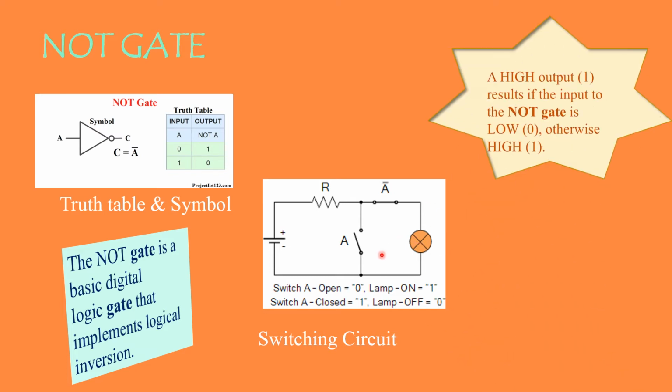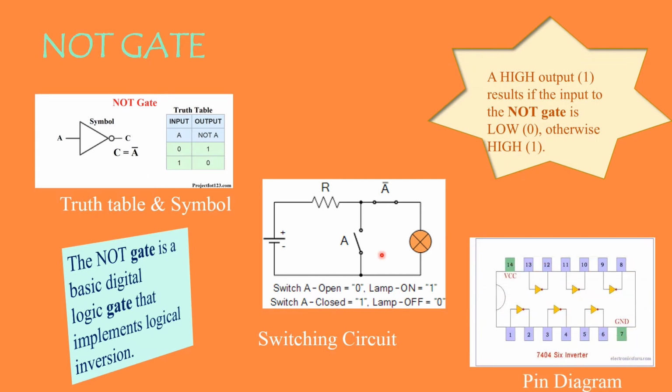Next comes your pin diagram. So here IC 7404 is your NOT gate IC. Within this IC, because remember your NOT gate always has a single input and single output, you can enclose 6 NOT gates within a single IC. So this is the way you have to make the connection.